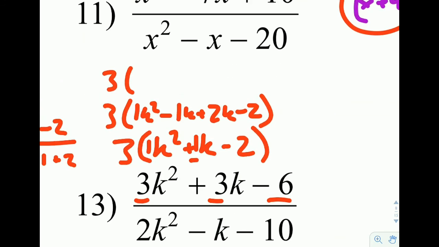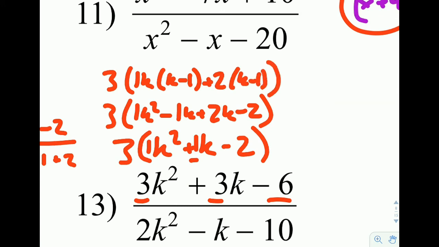In common here I have a k, a 1k, and I'm going to have a second parenthesis forming now. I'm going to have a 1k, and then k minus 1. And on the second group I'm going to do a plus 2, that's my common thing, and then another k minus 1.